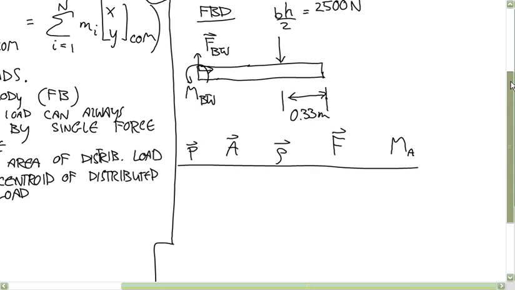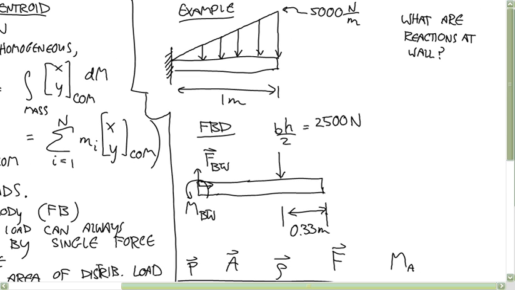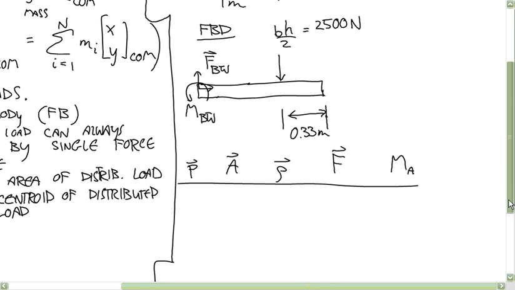Okay, so we have to choose where the coordinate system is. Might as well choose here at the wall. So first, let's do the force on the body by the wall.